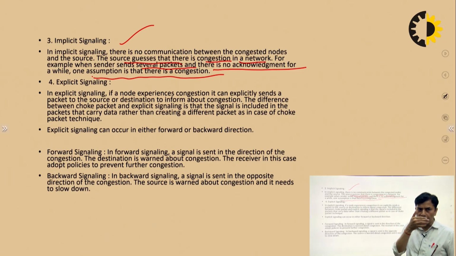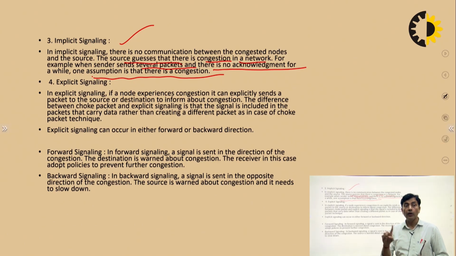So this is implicit signaling, meaning implicit intuition, the knowledge of the source. The source is sending multiple packets and has not received a single acknowledgement. Then it comes to know itself that there is a chance of congestion in the network. That is implicit signaling. No explicit signaling is required.